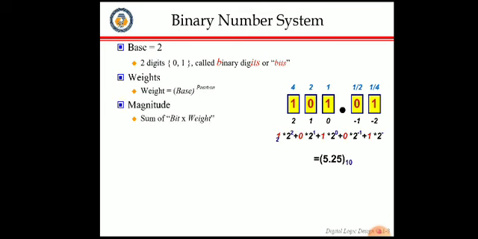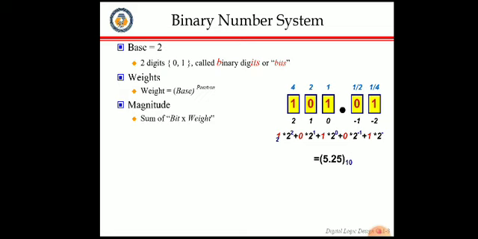Now the base of the binary number system, that is the radix of the binary number system, is 2. The symbols used here are 0 and 1, only 2 digits. So these 2 digits, 0 and 1, are called binary digits.